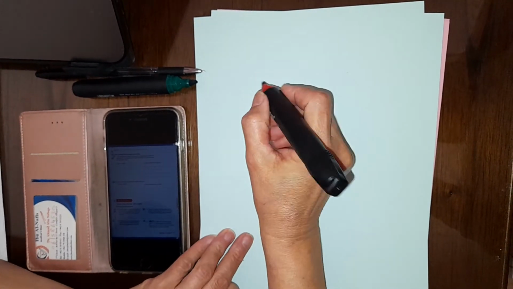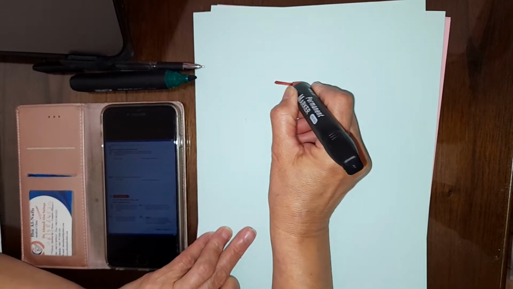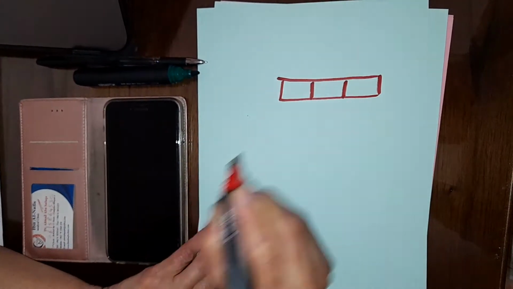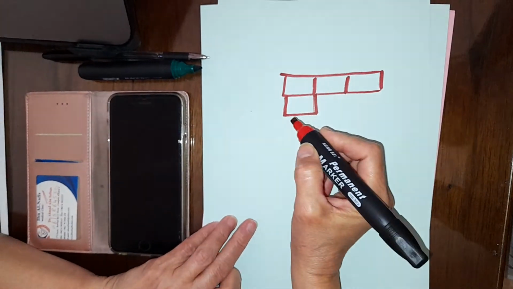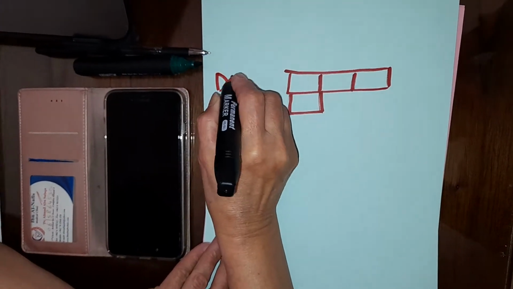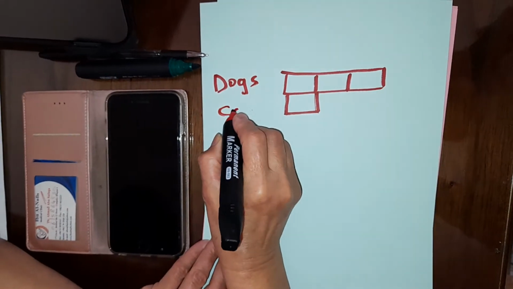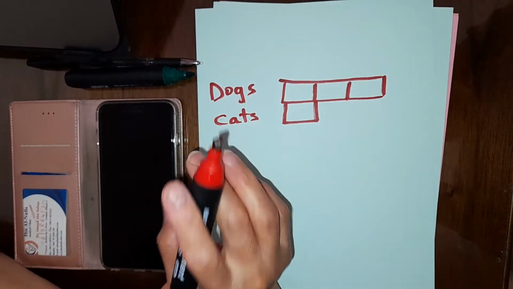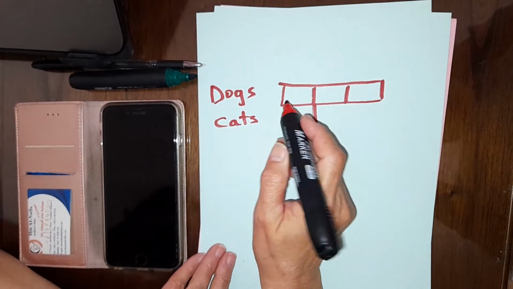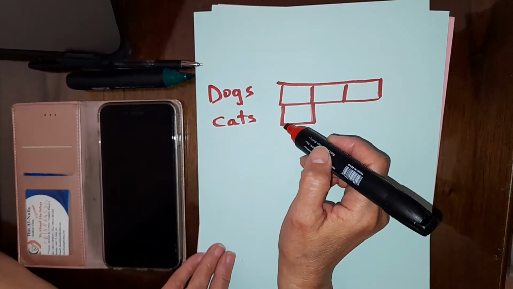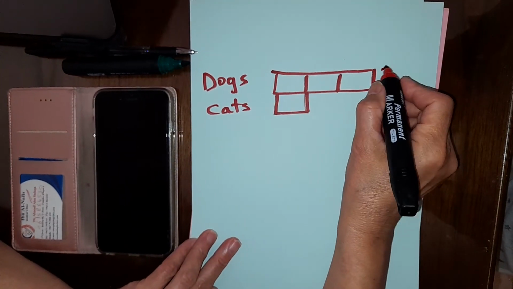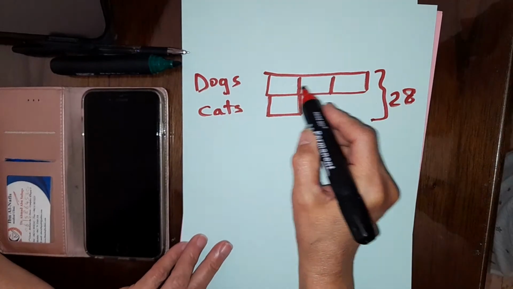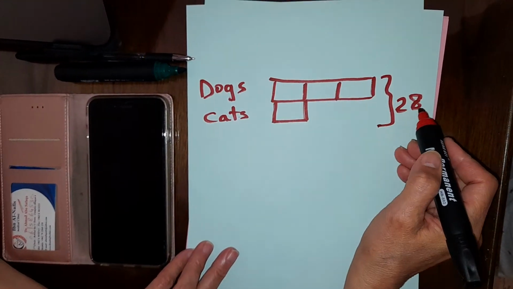So I will draw for the dogs 3 times. I will draw a box and a small box here. She trained dogs here up, one cats. They didn't tell us how many cats she trained, but they said that the dogs are 3 times the cats. Together, the number is 28. If you count the number of the dogs and the cats together, you will get 28.